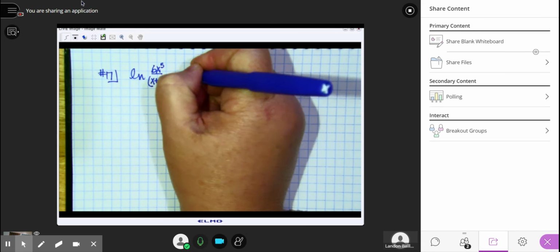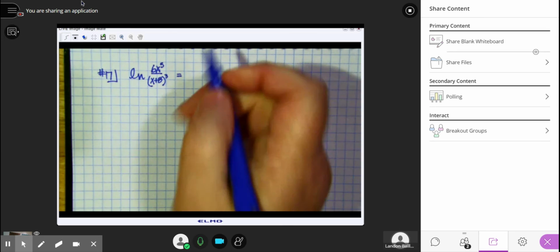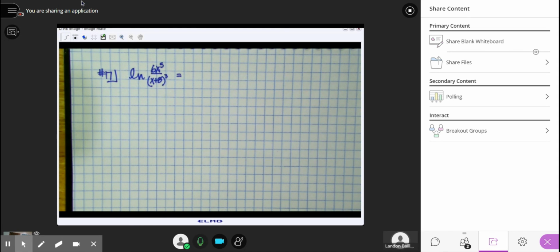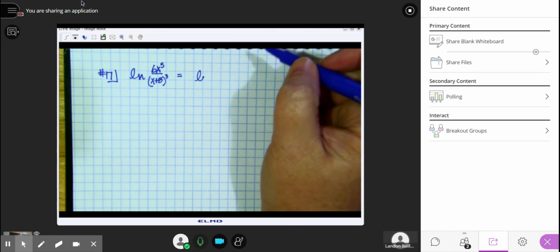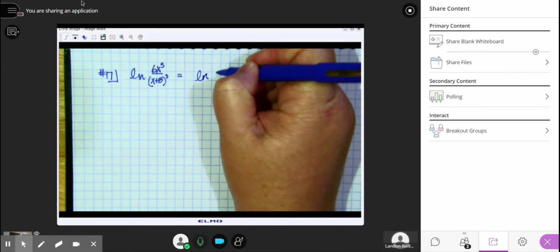Okay. And it's 6 and then an x to the fifth, not all of 6x to the fifth, right? Okay. All right, so what would you do? Nope, you can't do the 5 yet. Nope.